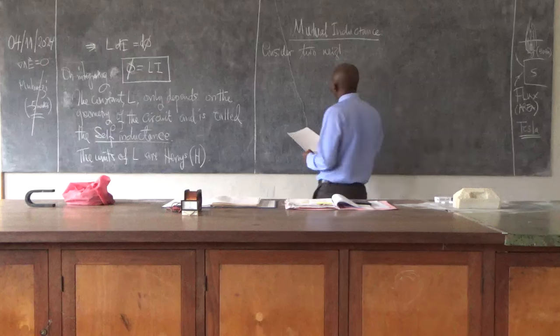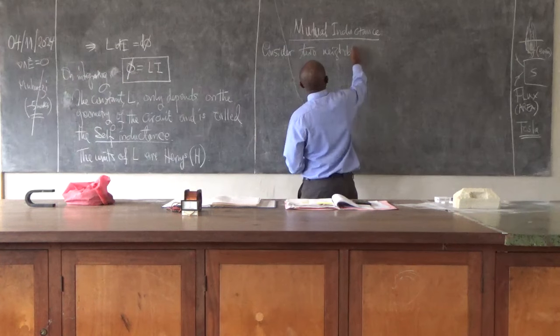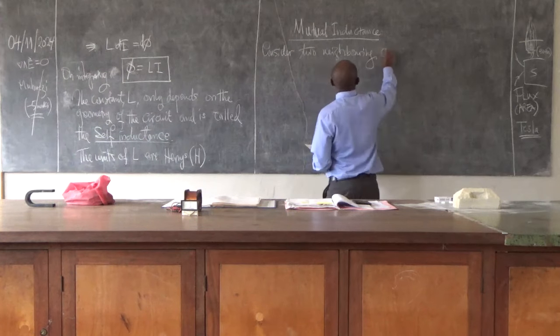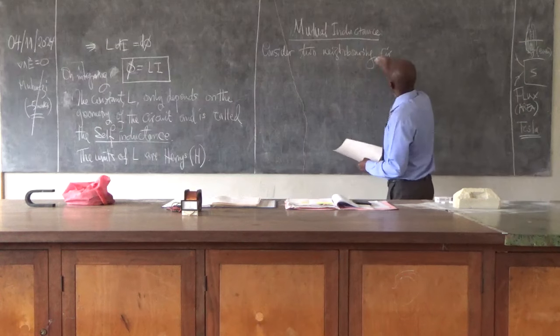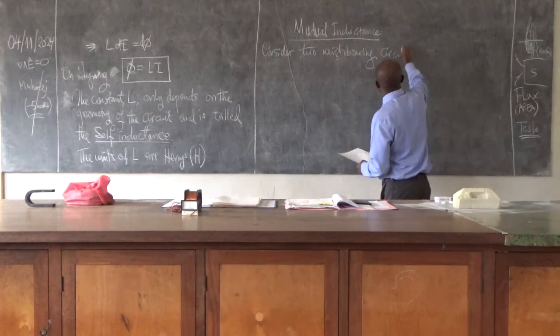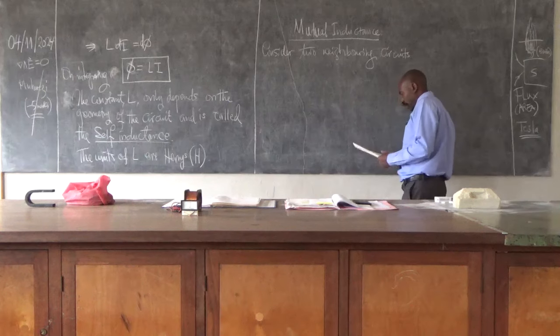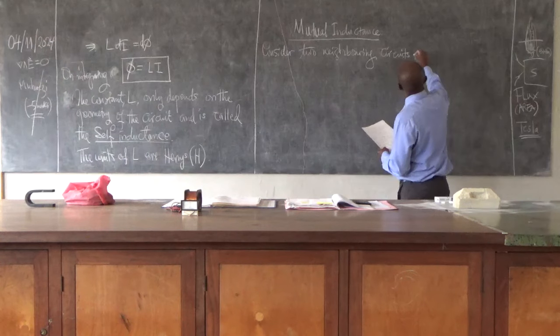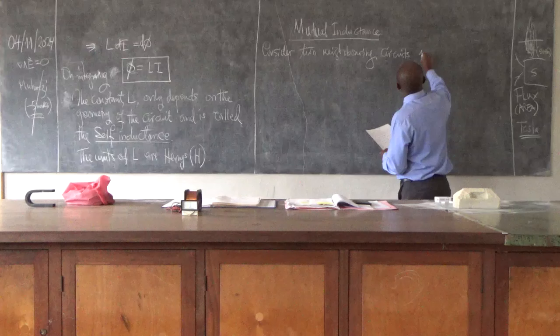So consider two neighboring circuits. The spelling of neighboring depends on whether you are British or a believer in United States English.